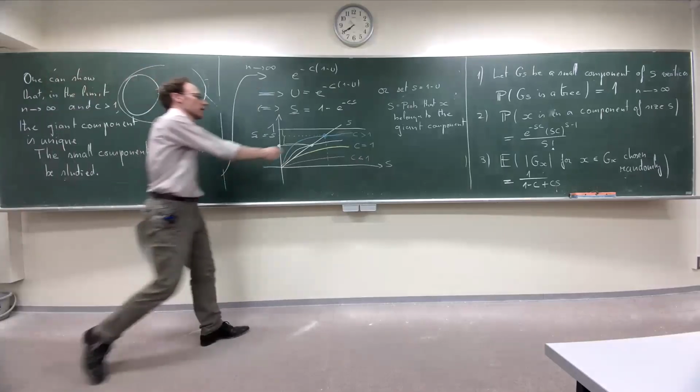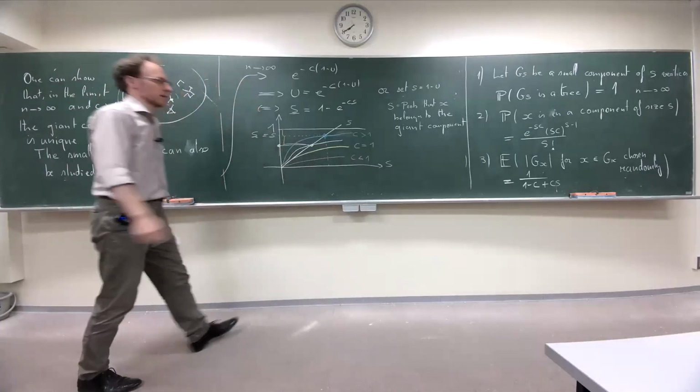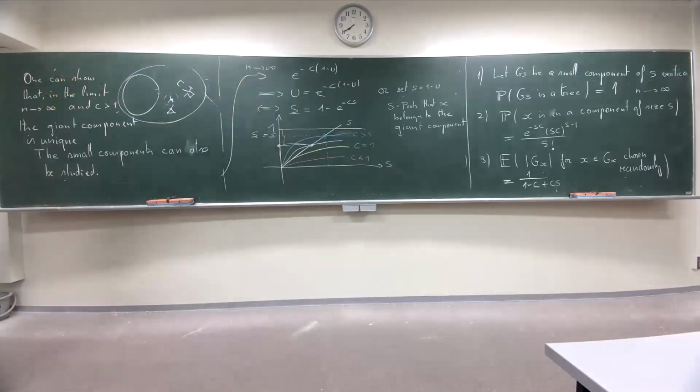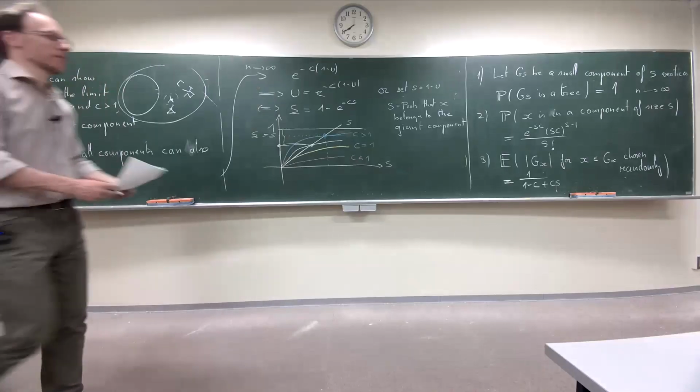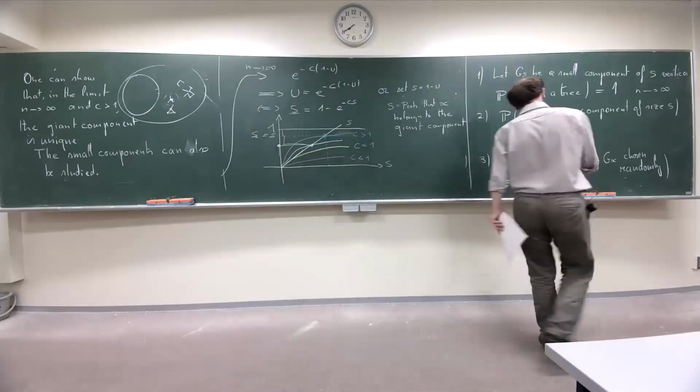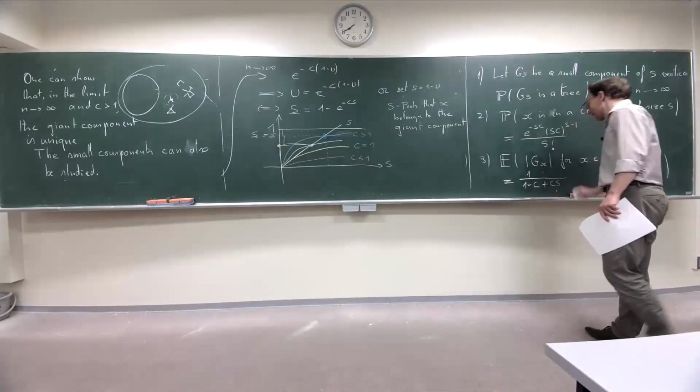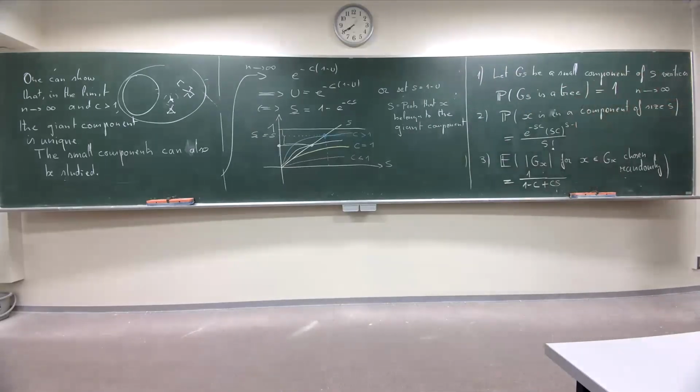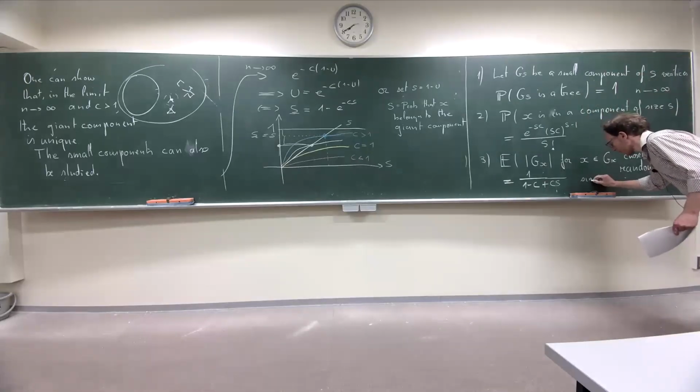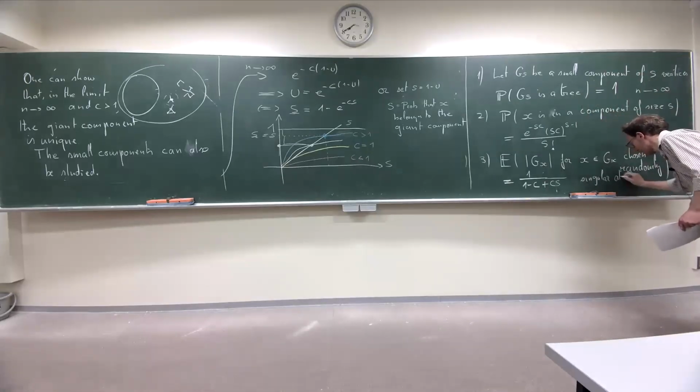It is a number that you have here, the intersection. So it can be computed. And quite surprisingly, or not surprisingly, you can see that this has a singularity at C equal to 1.